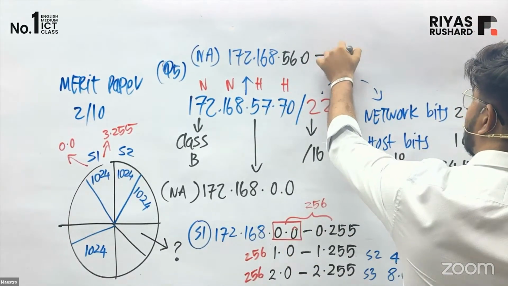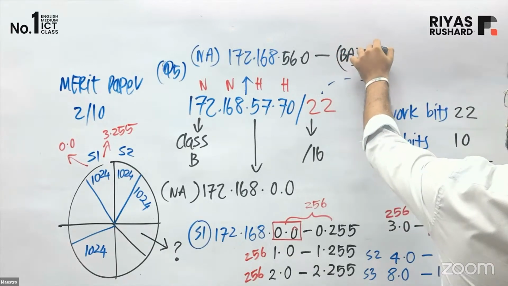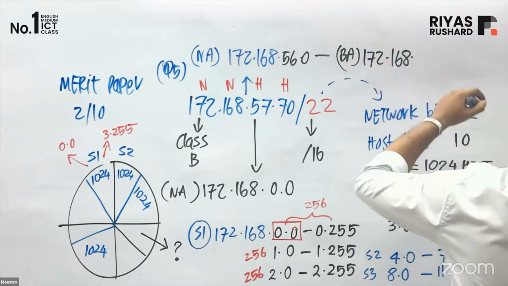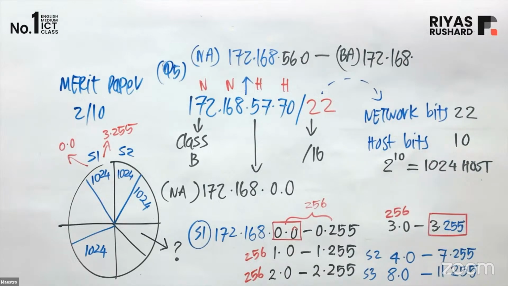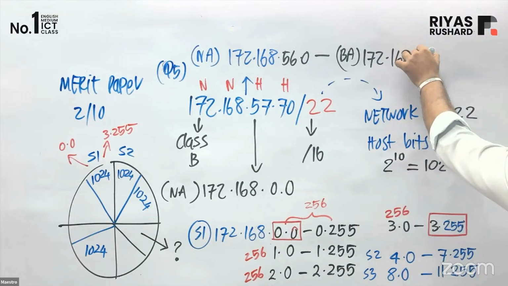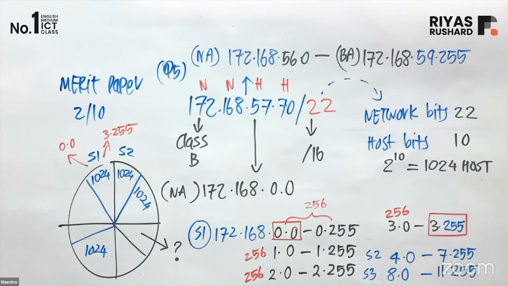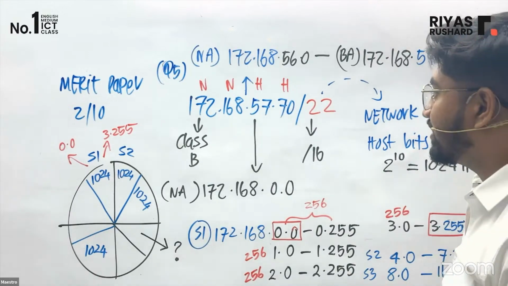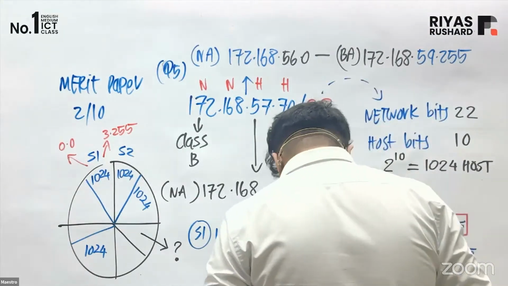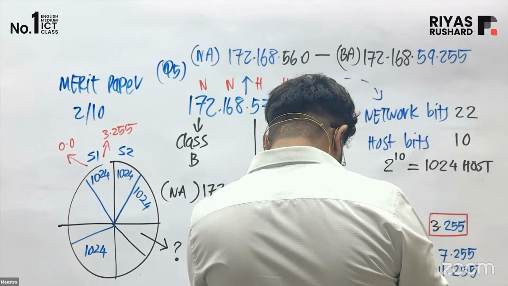We are also able to find the broadcast address. From 56, it will end in 4 by 4. What is it? 59.255. So the answer for that question is 56, the first one.